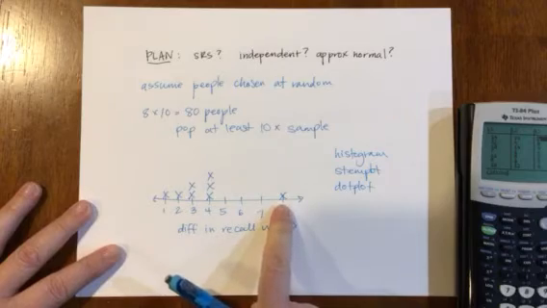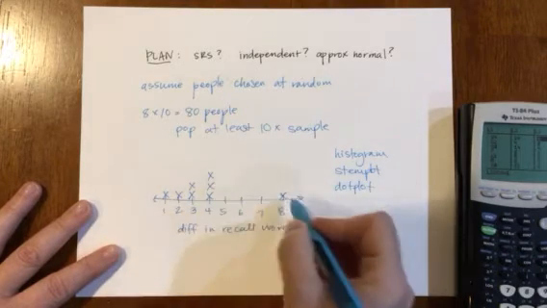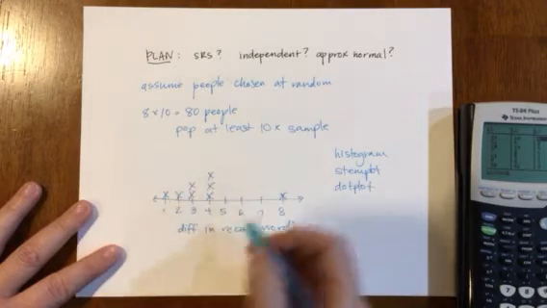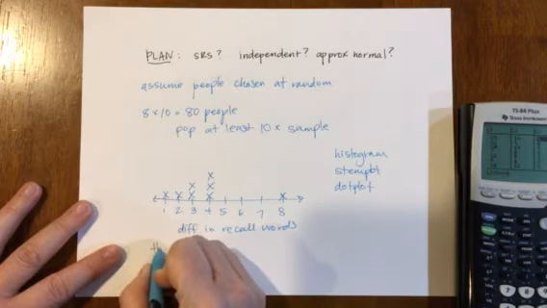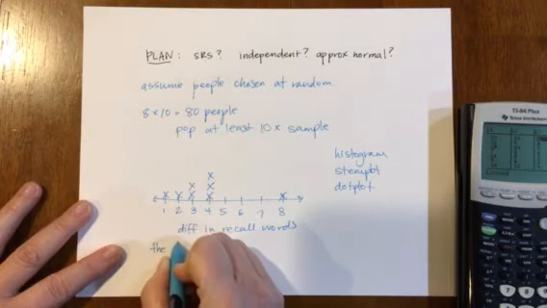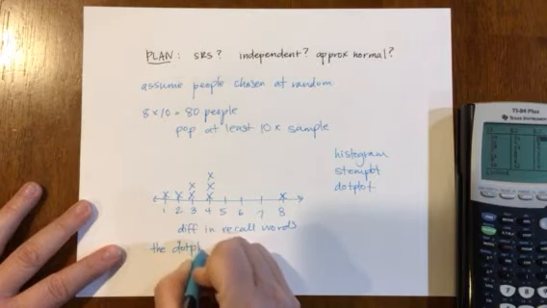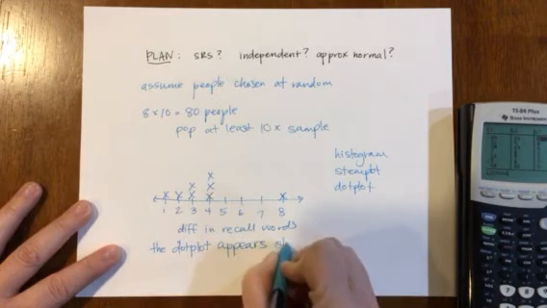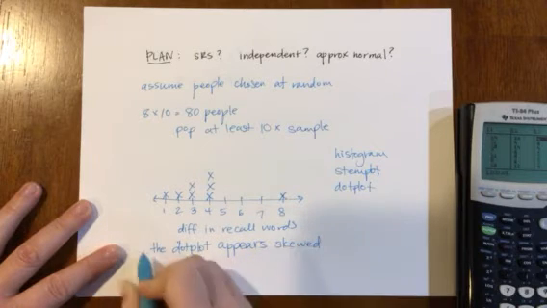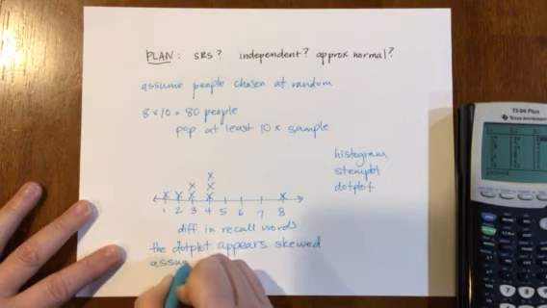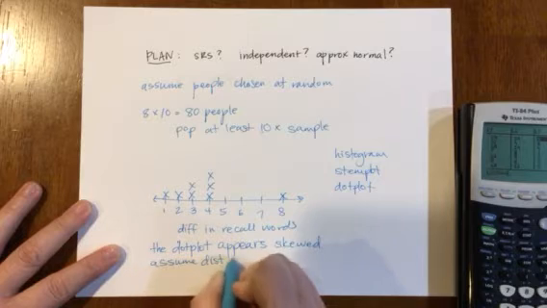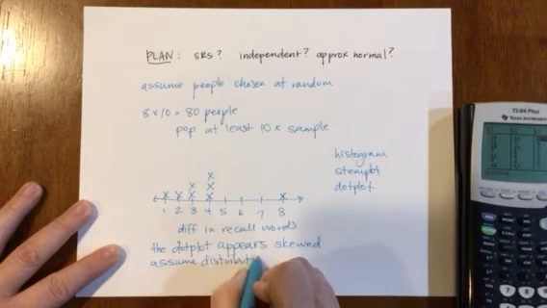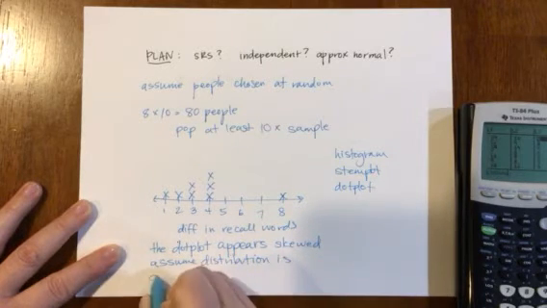Okay, so definitely this 8 was an outlier, but I'm thinking that the shape is generally skewed. So I'm going to say the distribution, or the dot plot, appears skewed. Assume distribution is approximately normal.